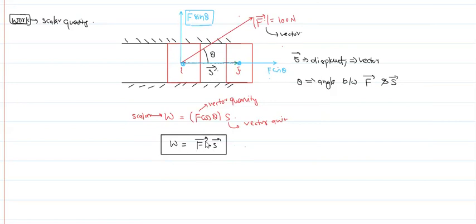So if you have two vectors, force and displacement, and you multiply these two vectors and you get a scalar quantity like work, this kind of product is known as a scalar product.